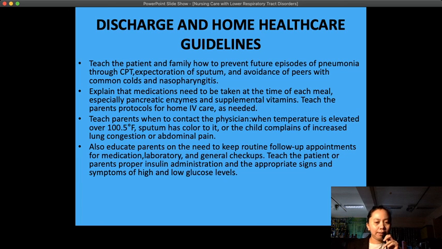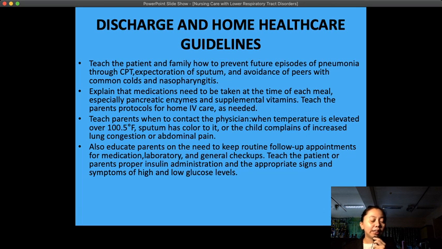Always educate the parents on the need to keep the routine follow-up appointment. So if any untoward reactions are there, especially if there are signs and symptoms of pneumonia, okay, there is sputum production, magpa-check up agad.